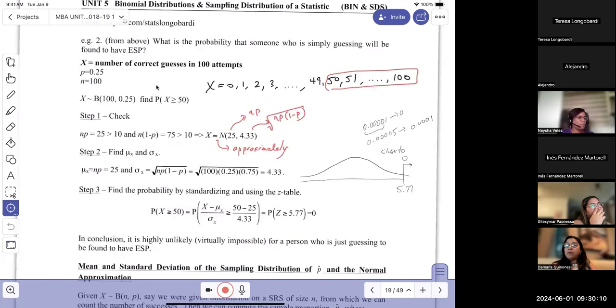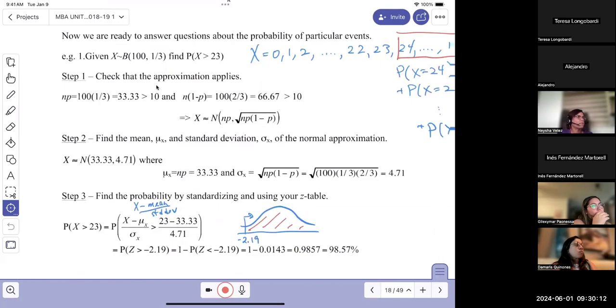Can you say that again, Professor, please? What I said is we're going to try 100 times to look for a success. The chance of a success is 33.33% or 1/3.